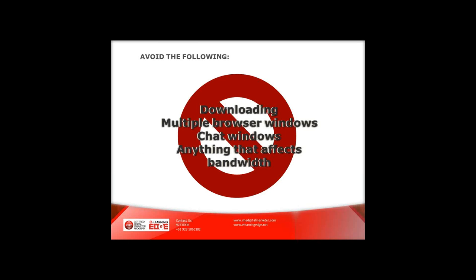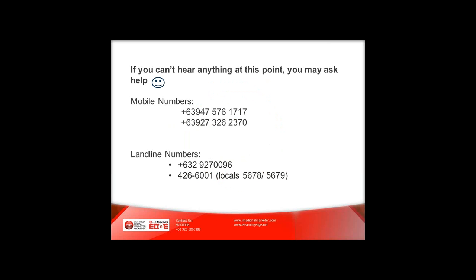And most importantly, please be reminded also that this session is dependent on bandwidth connection. So we recommend that you stop downloading, close multiple browser windows, chat windows, or anything that will affect your bandwidth. Again, if you still can't hear anything at this point, you may contact us at these numbers.